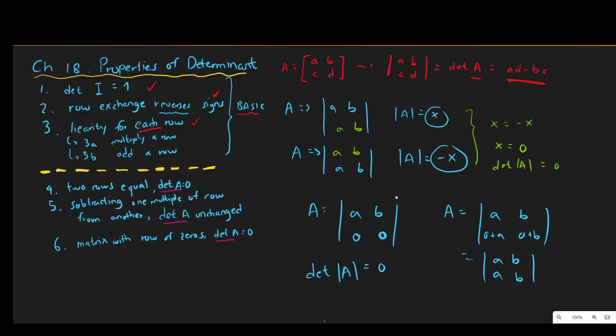We can use property number 4, and this says that the determinant of A is 0. So it is some proof that maybe we can use, but always remember it is really easy: the row of zeros means the determinant will be 0. And I don't only mean the second row. You can always have, of course, a row like 0, 0, c, p. This will also be 0. So that's it.